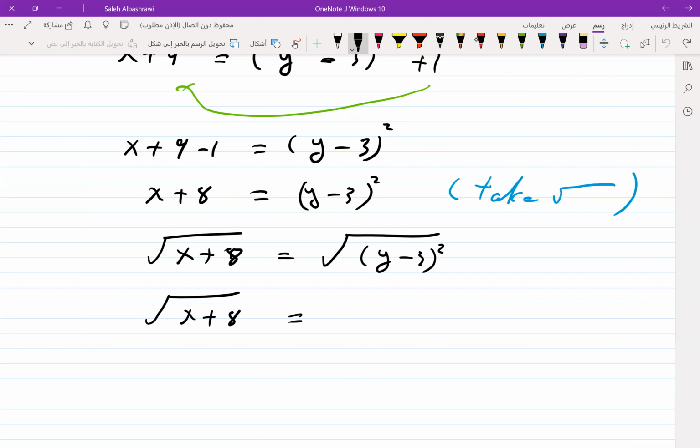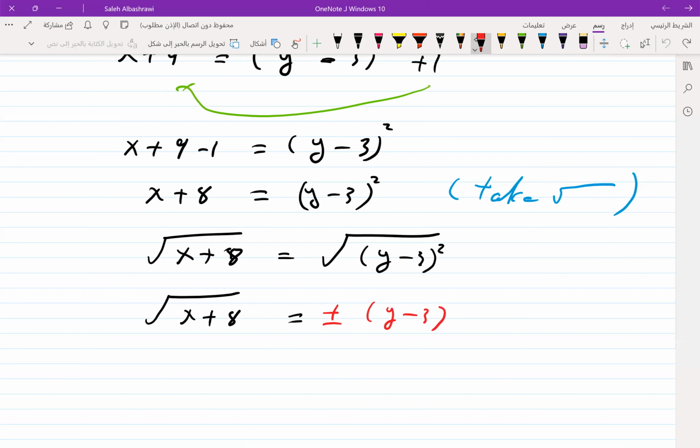Now the square root of y minus 3 squared will be plus or minus y minus 3, because we don't know if y is positive or negative. Now I have to choose either the positive sign or the negative sign.